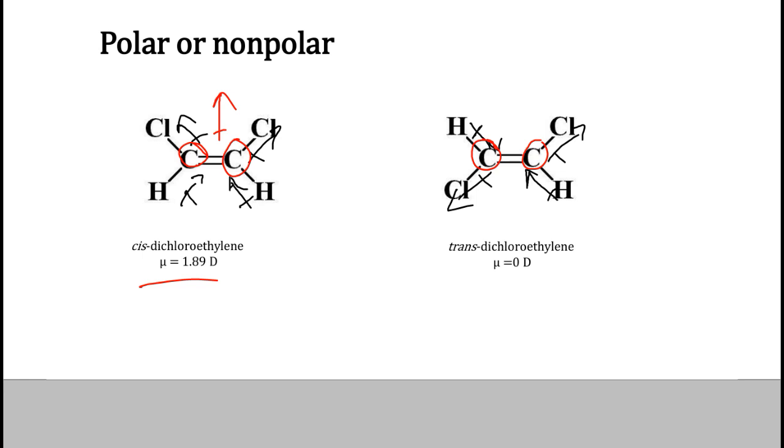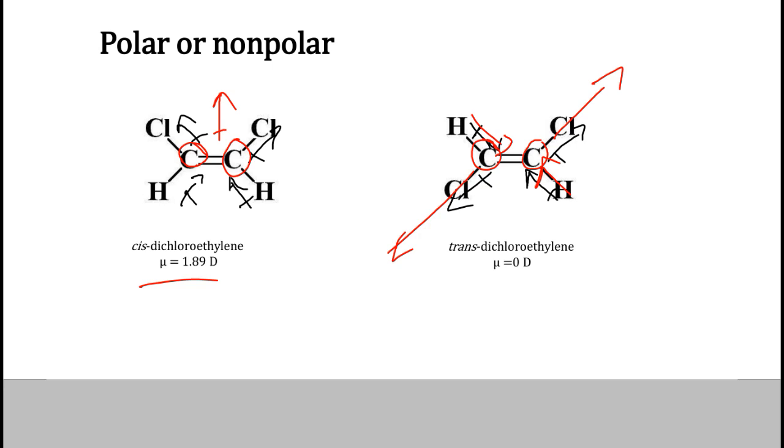But then for the trans dichloroethylene, the chlorines are each pulling this way and this way, and those forces are going to cancel each other out. And then both the carbons and the hydrogens are both pointing in towards each other. So those are going to cancel each other out. So overall, there's no dipole for this molecule.